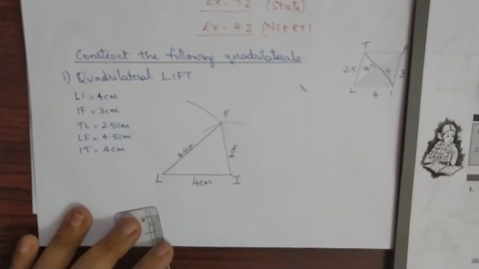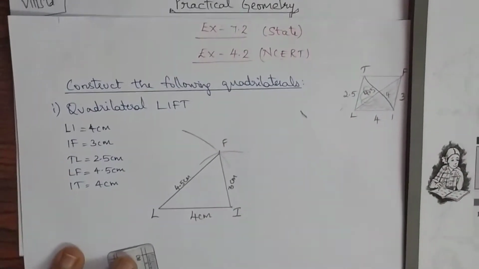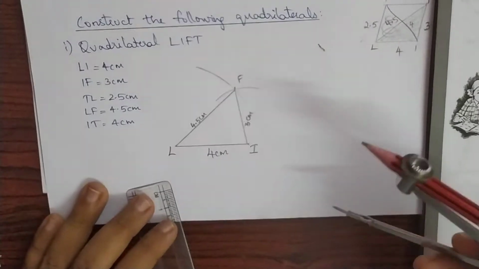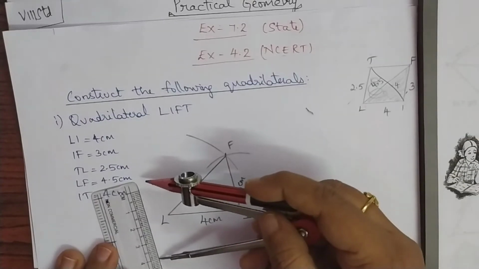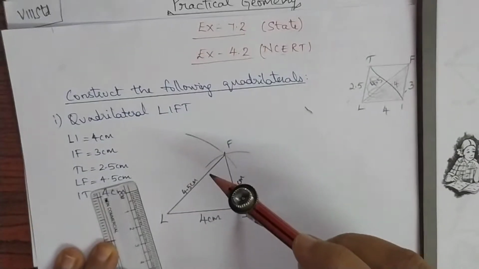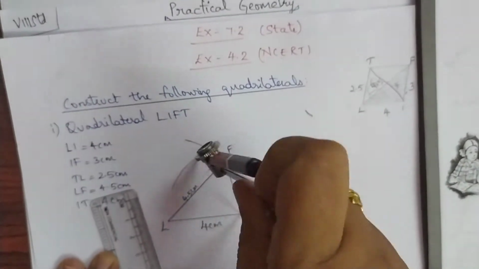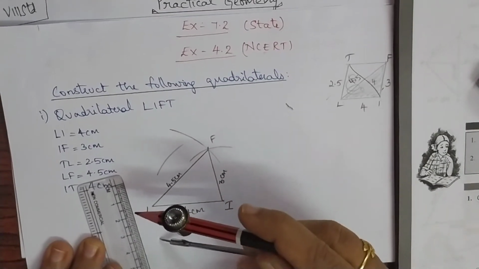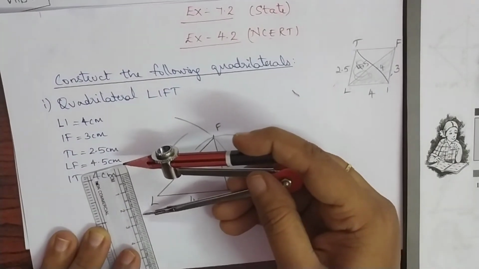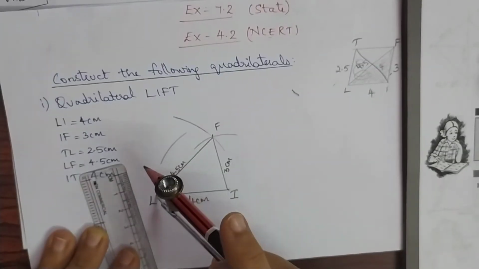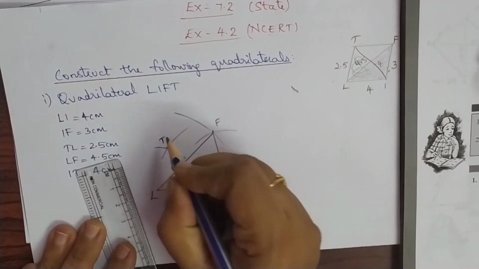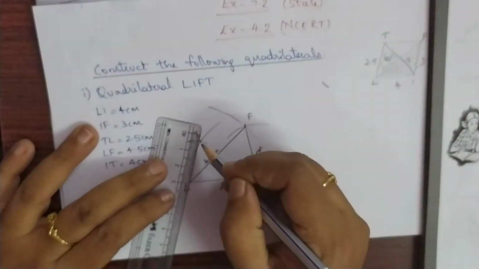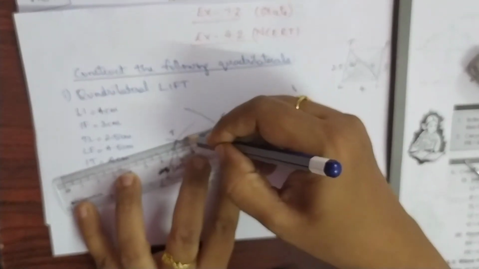Next we are going to draw this part, which is LTI. LT is 2.5 and IT is 4. So I am going to take 4 centimeters, and from here draw 4 centimeters for IT. LT is 2.5, so I am going to take a 2.5 measurement and draw an arc from L. I've got the point T, and this is the quadrilateral we have achieved.